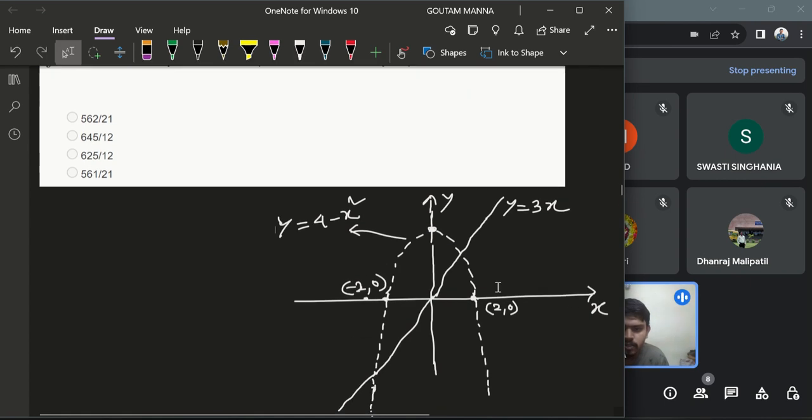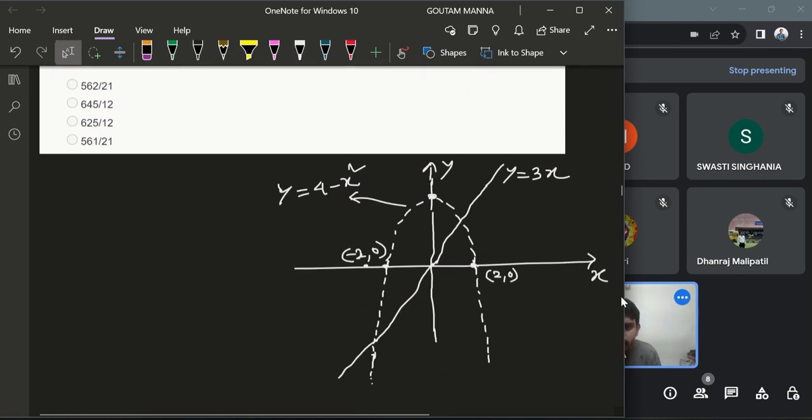So let me find out these intersection points. For these two intersection points, these two equations will simultaneously satisfy. So I can put y equals 4 minus x square equals 3x. So for these intersection points, 3x will be 4 minus x square.